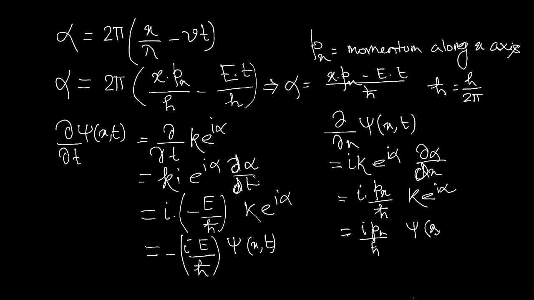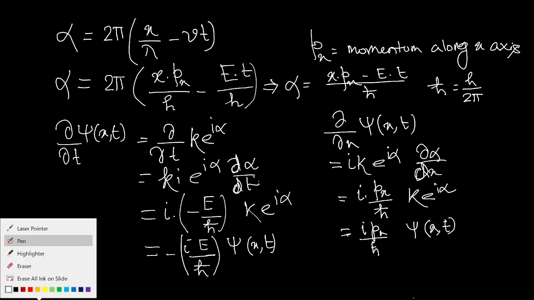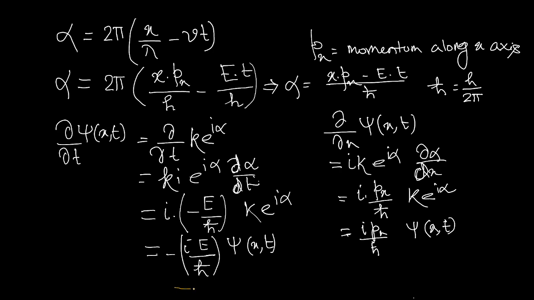In both cases, if we take a derivative with respect to time or with respect to space of the psi x,t function, we reproduce the psi x,t with some constant. In the time case, we get i E by h cut. In the space case, we get i px by h bar.